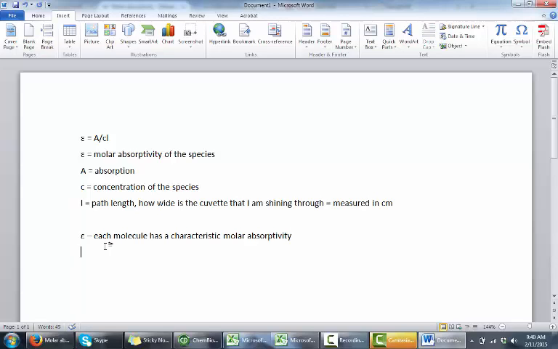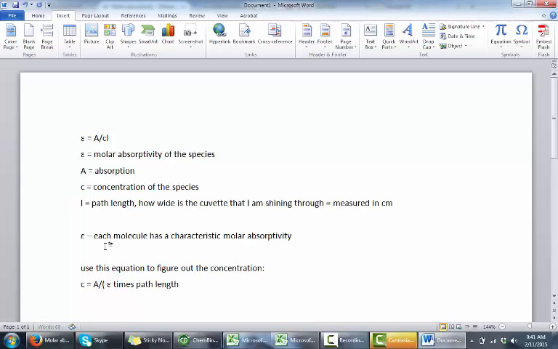Therefore, I can use this equation to figure out the concentration of my molecule. So if I know the molecule, I can figure out the concentration by rearranging the equation. C is now the absorption divided by epsilon times the path length.